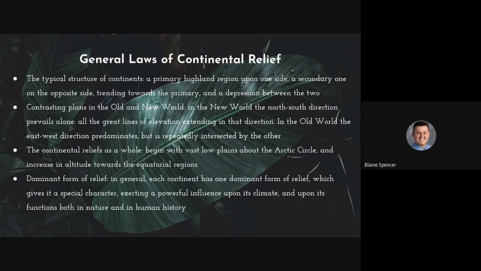Rule number 3: the continental reliefs as a whole first begin with vast low plains about the Arctic Circle and then increase in altitude towards the equatorial regions. So the closer to the equator they get, the what?